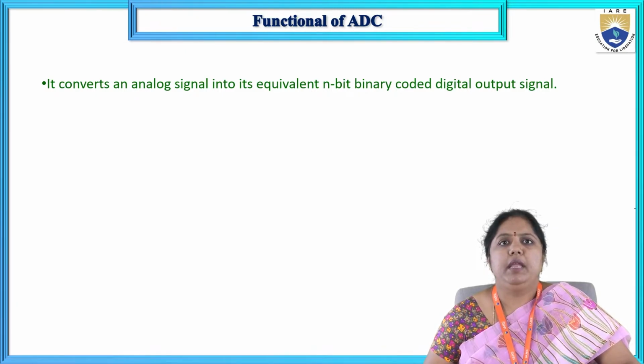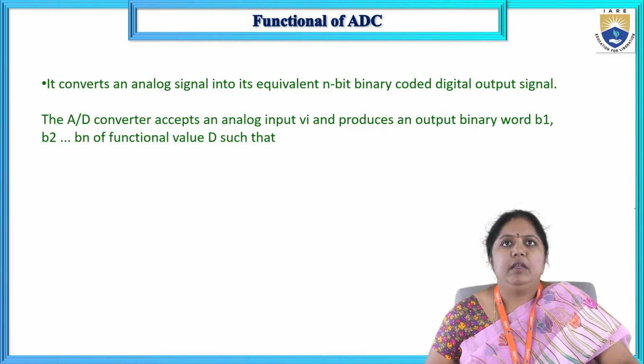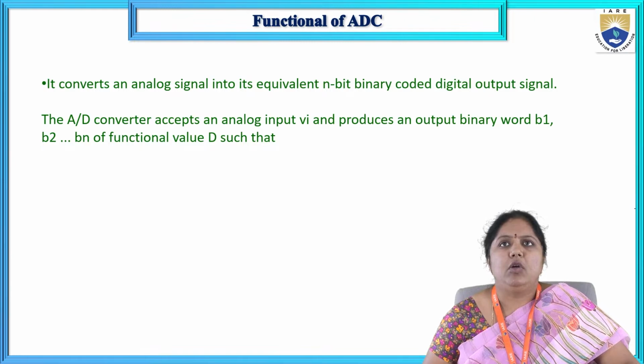It may be a 3-bit, 4-bit or n-bit binary code, that is the output signal it generates. This is also called the A2D converter. The A2D converter accepts an analog input signal and produces the binary output word.